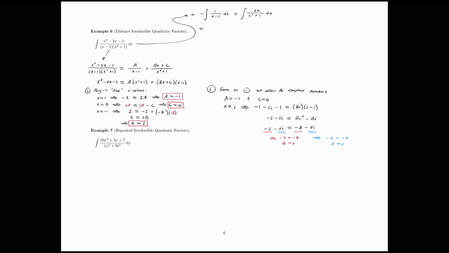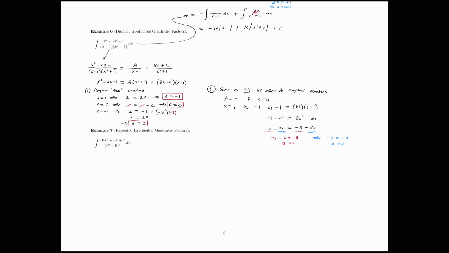So this becomes negative natural log absolute x minus 1, and this is a u sub. This would end up being the natural log absolute x squared plus 1 plus c. You would let u equal x squared plus 1, so du is 2x dx.